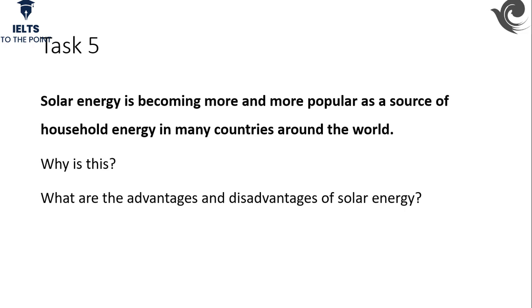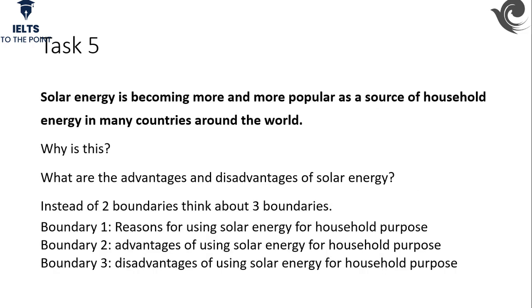Here as well, you can think about 3 boundaries instead of just 2 boundaries. Boundary 1 could be the reason for using solar energy for household purpose. Boundary 2 could be the advantages of using solar energy for household purpose. Boundary 3 could be the disadvantages of using solar energy for household purpose.